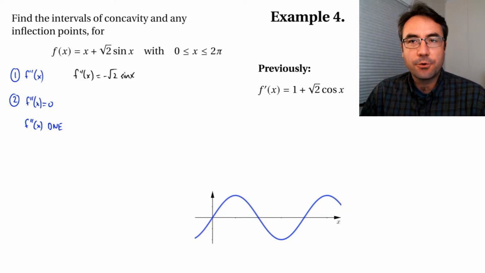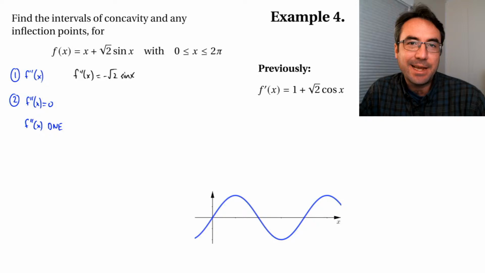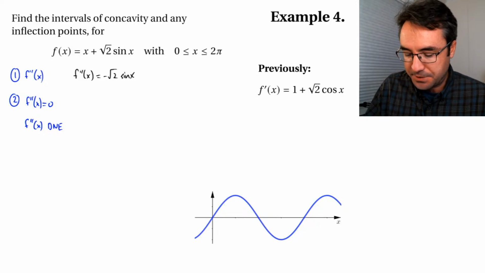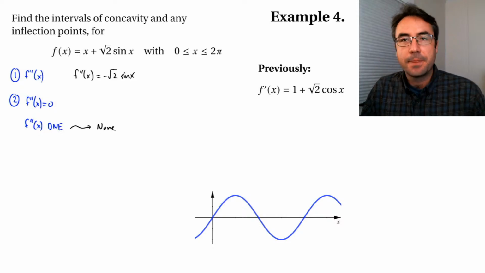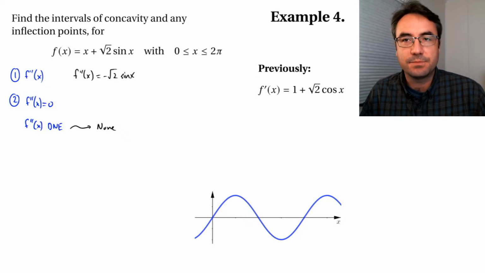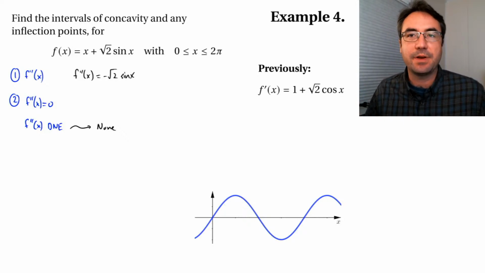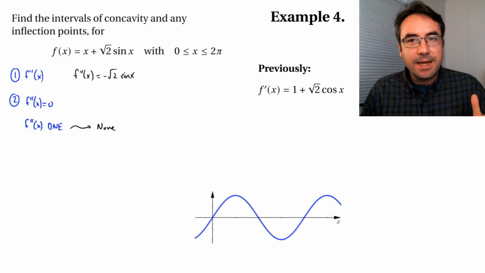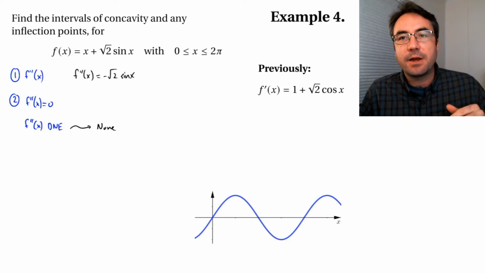So our second derivative here is negative square root 2 times sine x. That's always defined, so there's no contribution from it being undefined. There's no division by 0, no square root where we might have a negative under there, and no natural logs. So sine x is always defined.